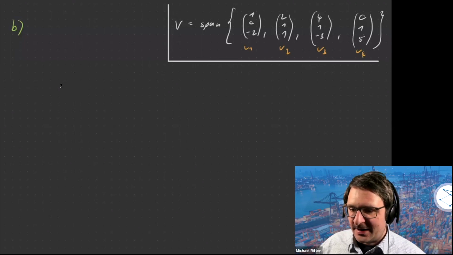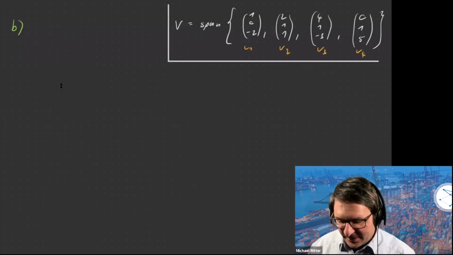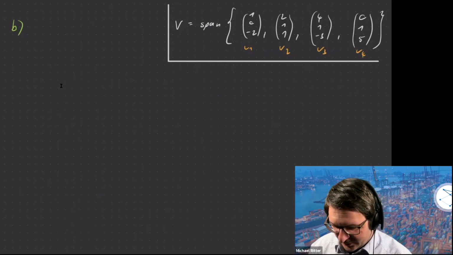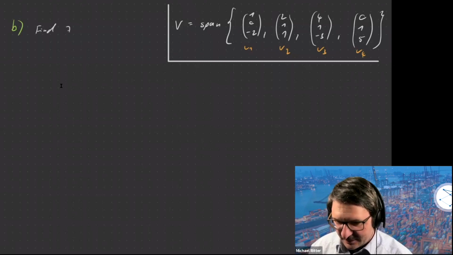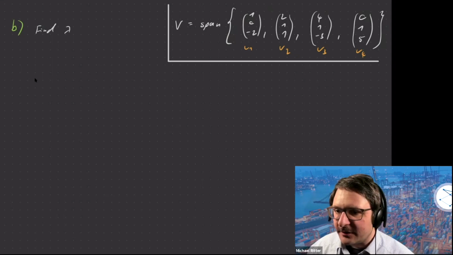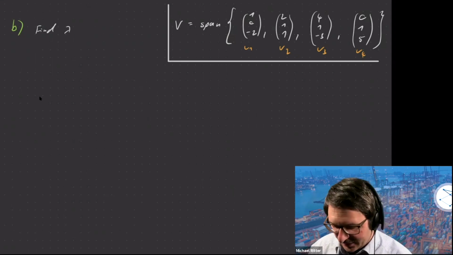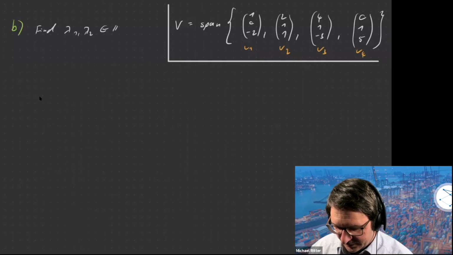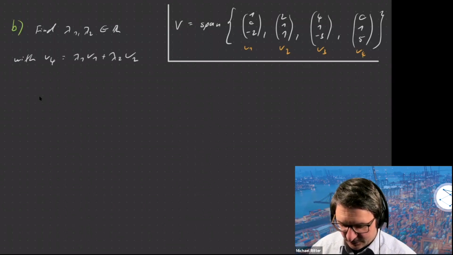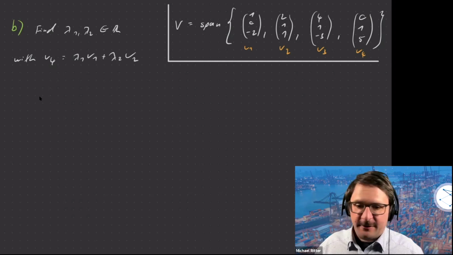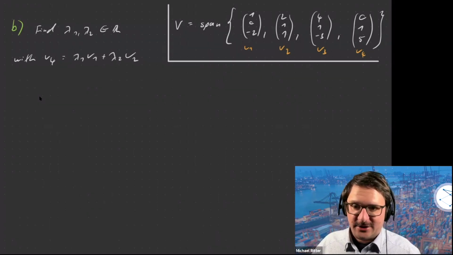To do that, we need to find lambda 1 and lambda 2 in the reals such that v4 is equal to lambda 1 v1 plus lambda 2 v2. And of course, we don't yet have a guarantee that this will actually work. So there might not be such lambdas, but we'll find that out when we try to find them.